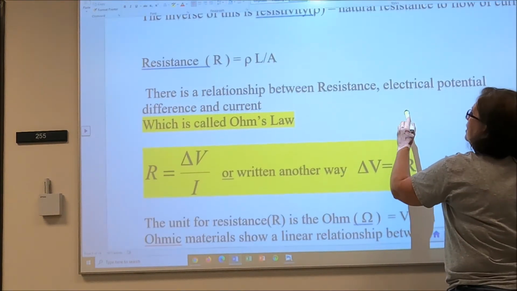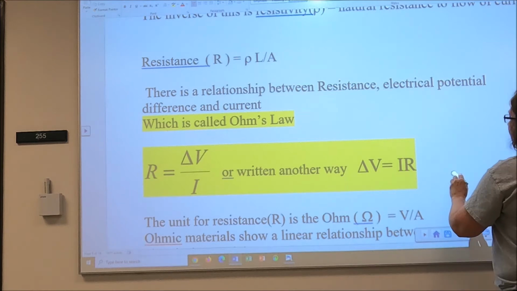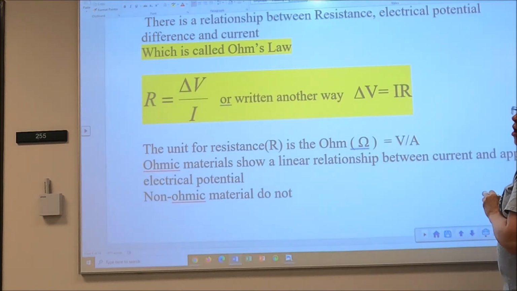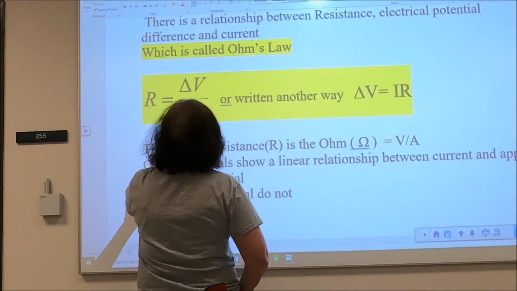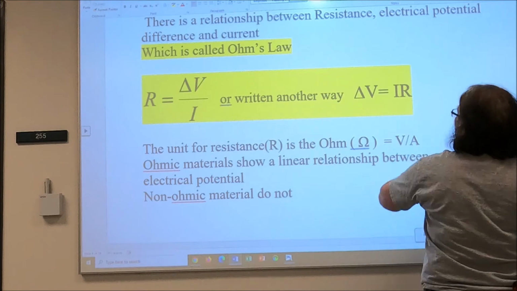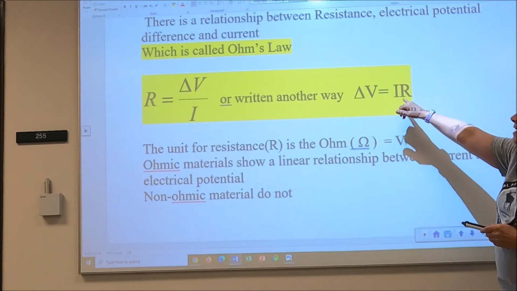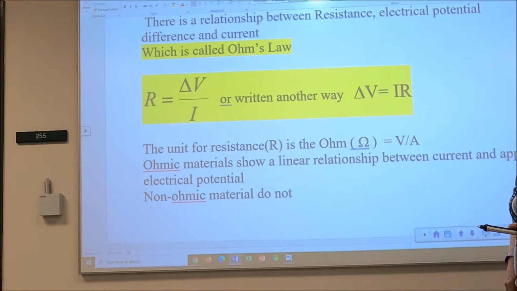Now, let's think about resistance, electrical potential, voltage, and current. And this brings us to Ohm's law. R, the resistance, is equal to delta V over I. Or more commonly, you see delta V is equal to IR. The change in electrical potential is equal to current times resistance.